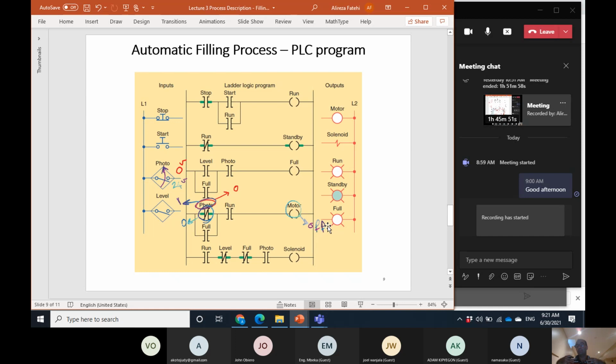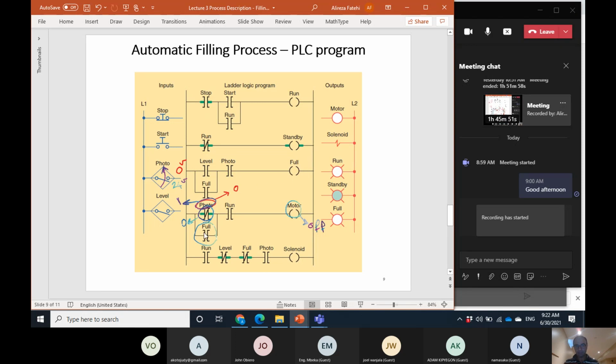But when the box is filled and there's enough material on that, we want the motor to again start. This is the reason that you have this. There's a variable that checks whether there's enough material in the box or not using the level sensor.